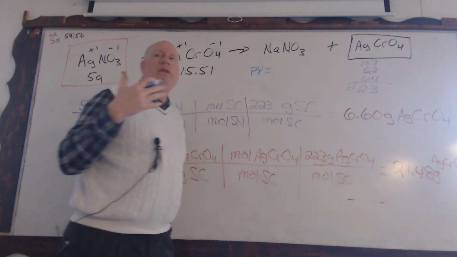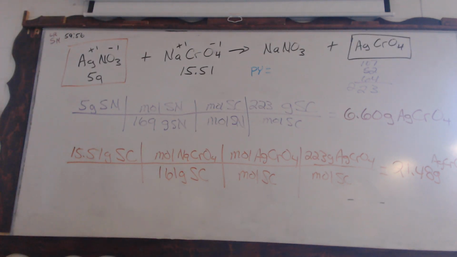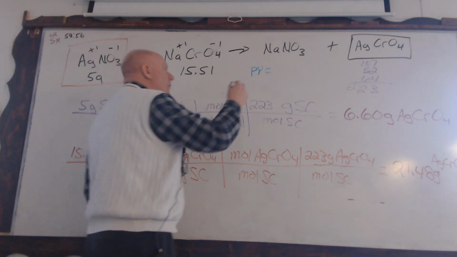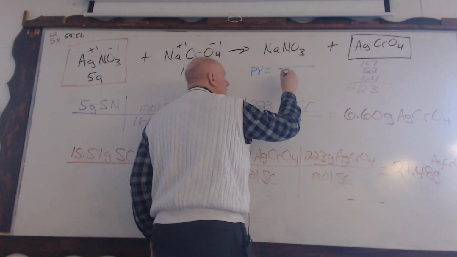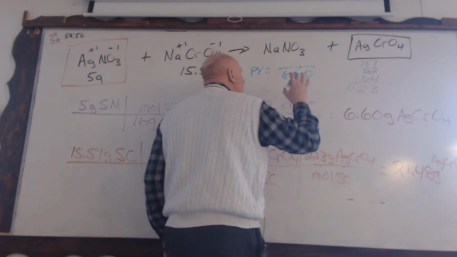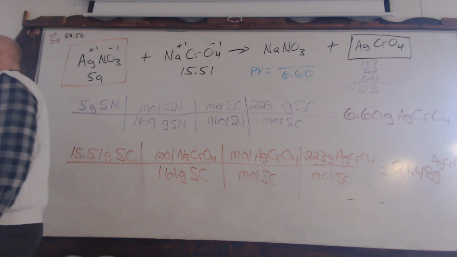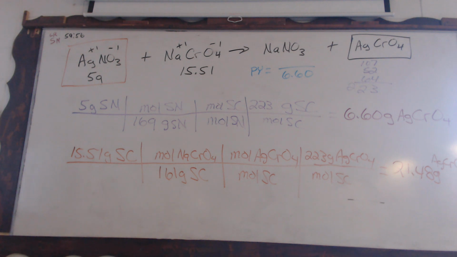So when you do this on pencil and paper, is that an actual yield or a theoretical? That is a theoretical yield. On pencil and paper, we're supposed to get 6.60. What you just measured for the second time, did you get a number smaller than your theoretical yield? Yes. So sometimes that can throw your data off.